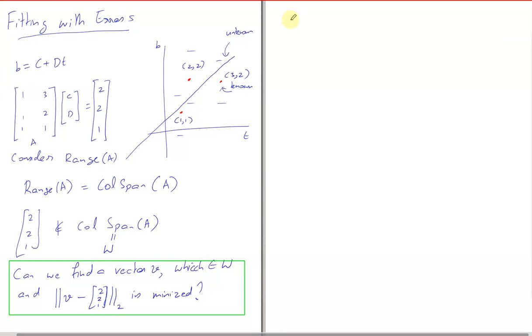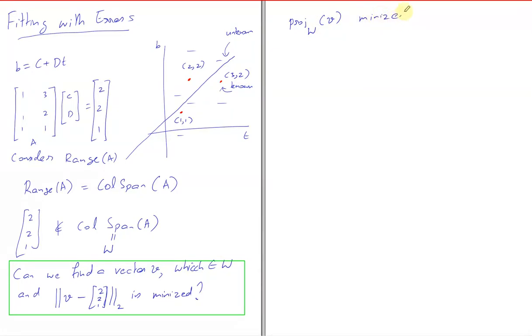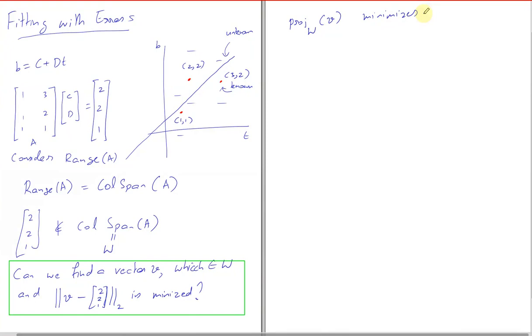The projection onto W of V minimizes this. Does everybody agree? Sir, it makes sense intuitively, but can we prove it?